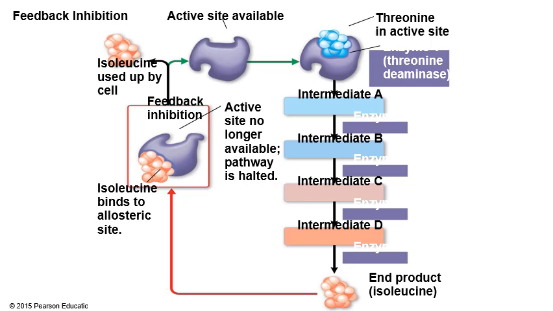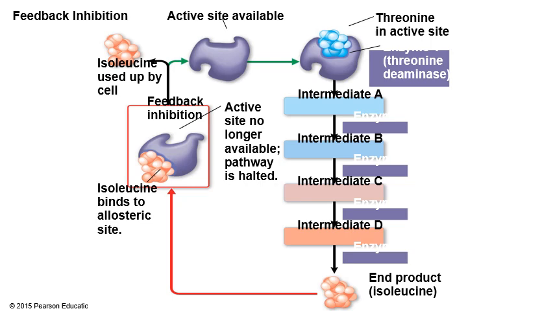So the first step, threonine is going to bind into the active site of this enzyme to produce intermediate A, and with another enzyme it turns into intermediate B and C and D, and through intermediate D with an enzyme the end product is going to get produced.